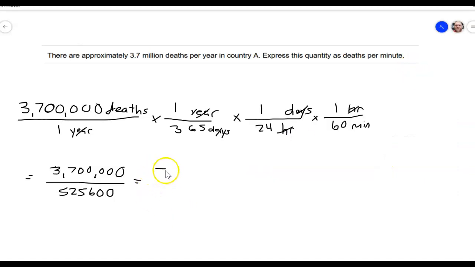So we can say 7 deaths for every 1 minute. And we should probably use the approximation sign here, since we actually had to round. So that's approximately 7 deaths per minute.